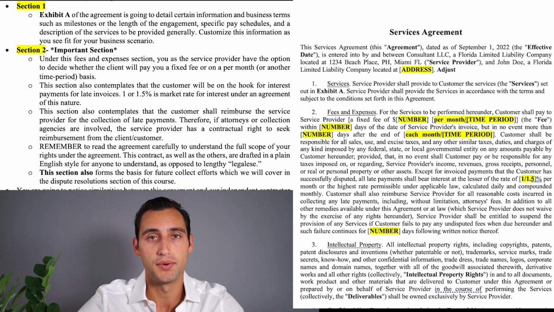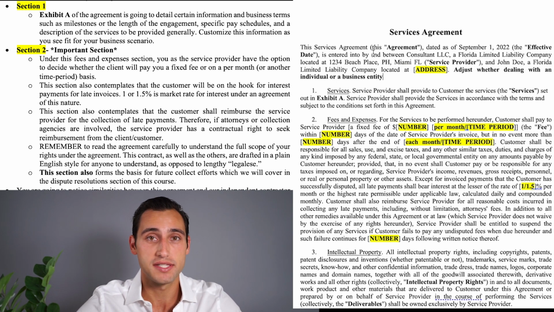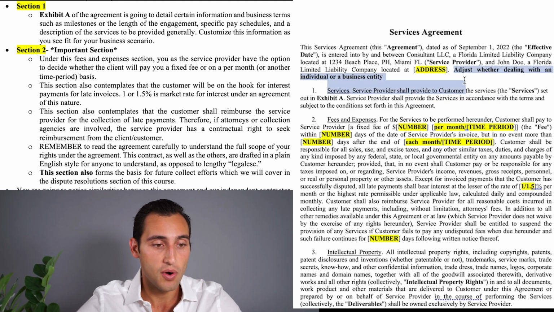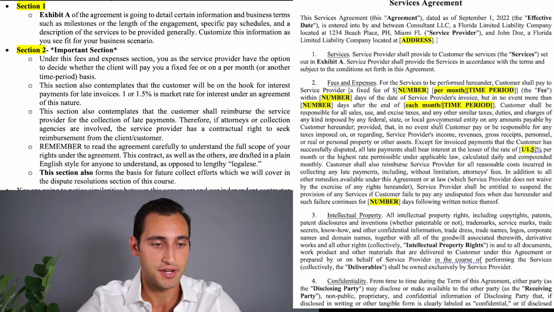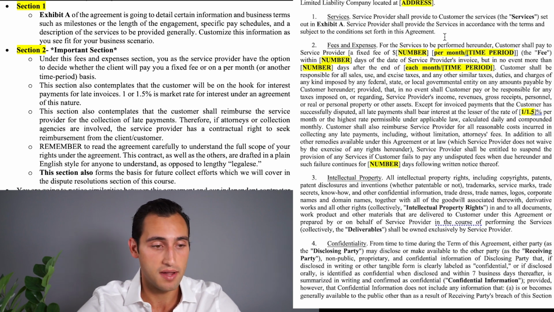So now Section 2. I can't stress enough how important this section is, and I want you to pay close attention as well as understand the language of this section. So under this fees and expenses section, you as the service provider have the option to decide whether the client will pay you a fixed fee or on a per month basis or another time period.